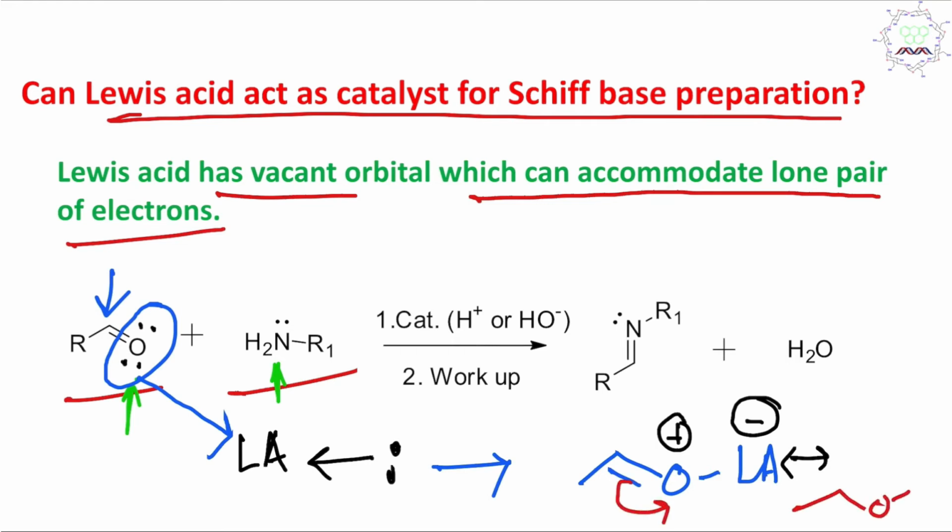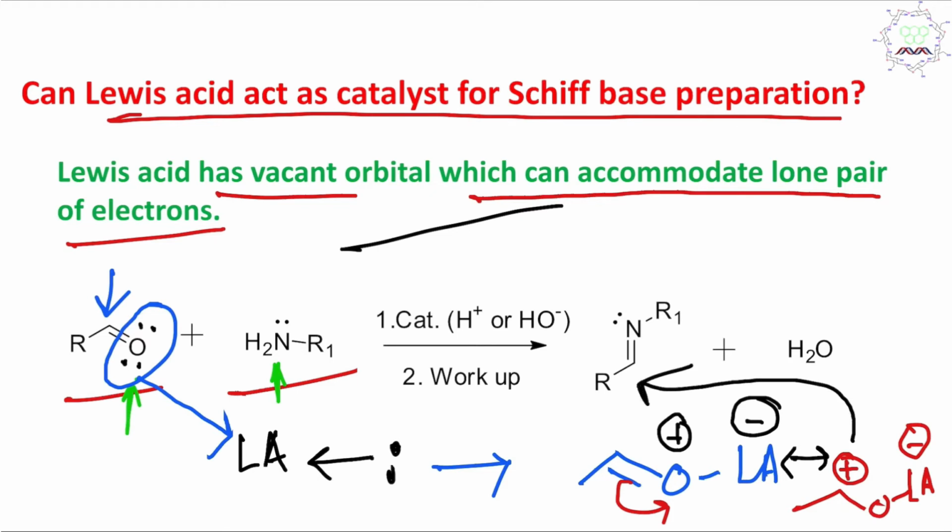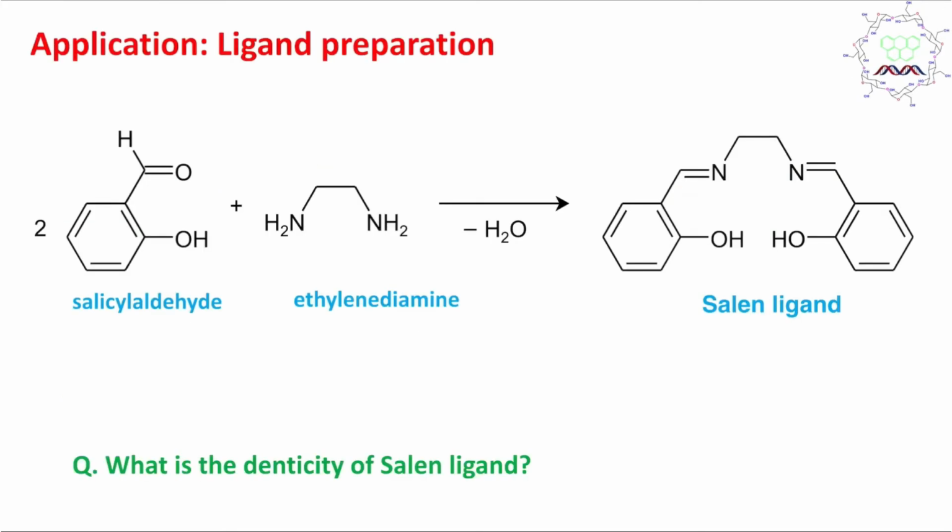So here oxygen, here Lewis acid having minus, and this carbonyl carbon having plus. Similar to acid catalysis, this is a similar type. So the Lewis acid can also do the same reaction, and following a similar reaction pathway, it will end up in imine formation. So a Lewis acid can also act as a catalyst, because the Lewis acid participates in the reaction, but ultimately it remains unchanged.